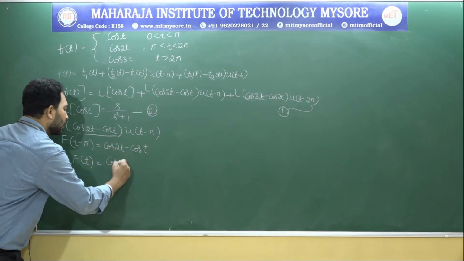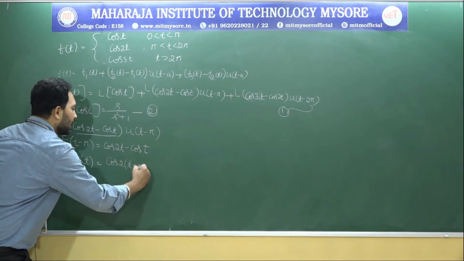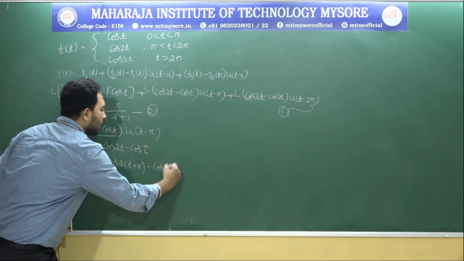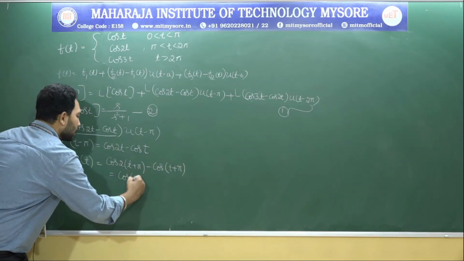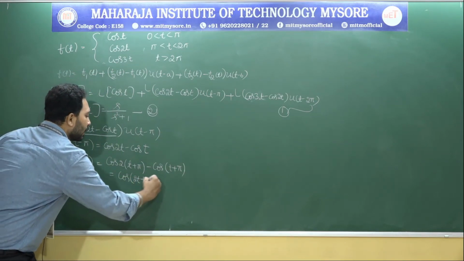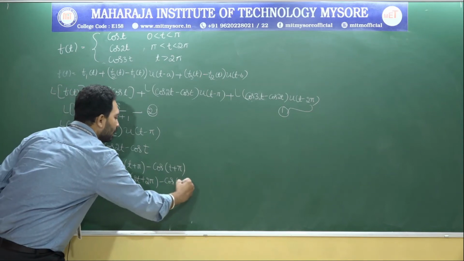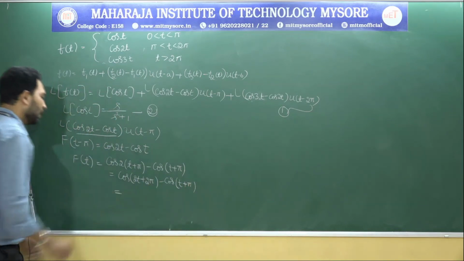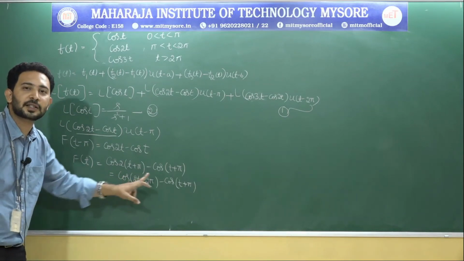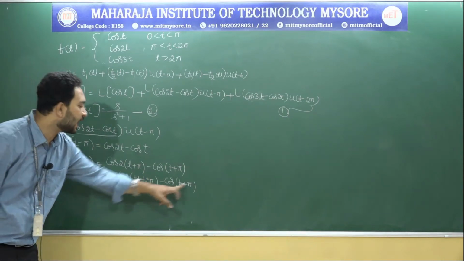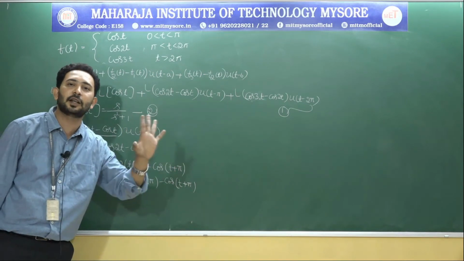We will get cos of 2 into (t plus pi) minus cos of (t plus pi), equals cos (2t plus 2 pi) minus cos (t plus pi). What is cos of 2 pi? It means 360. What is cos of 360 plus theta? In the case of 360, function will not change. Cos becomes cos only.